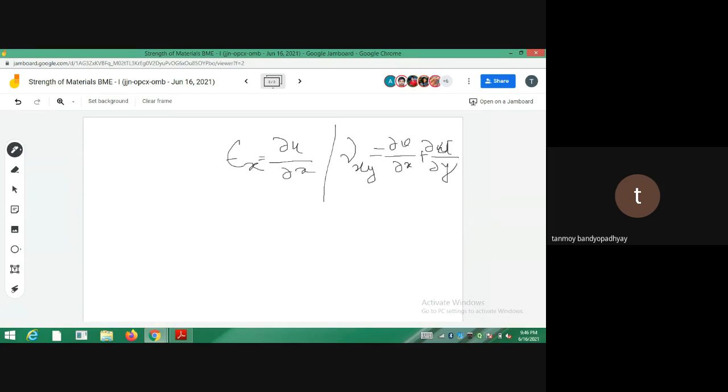As you can see, in the case of the normal strains, I am taking the displacements in the same direction. When you are considering u, you are finding its derivative in the x direction itself. So del u is the displacement in the x direction itself, and del u by del x actually gives you the normal strain.